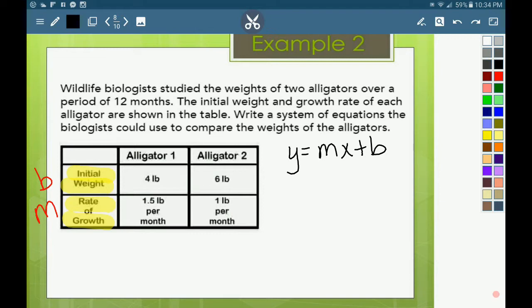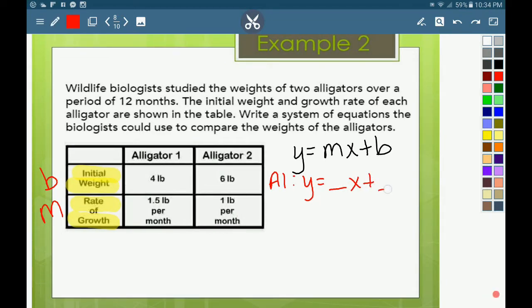So the first equation we'll say is for the first alligator. I'm going to call that A1. So again, I'm going to write it in the form y equals mx plus b. So y equals, I'm going to fill in the spot for m, and I'm going to fill in the spot for b. Okay, the m for alligator 1 is 1.5.